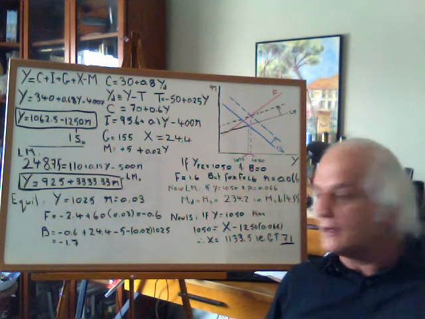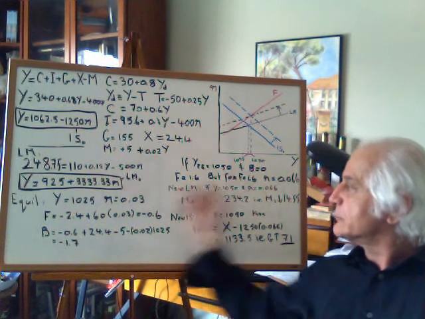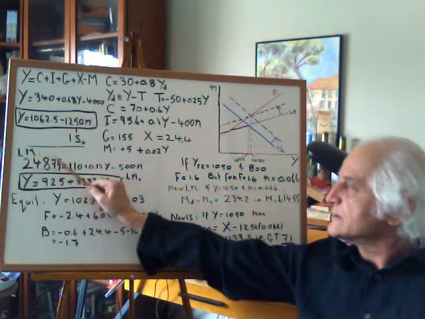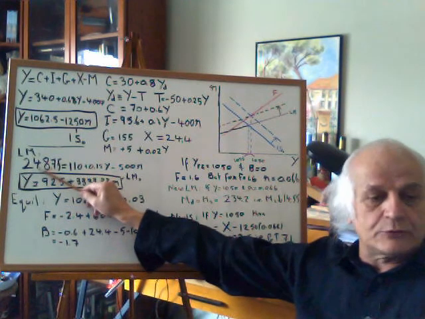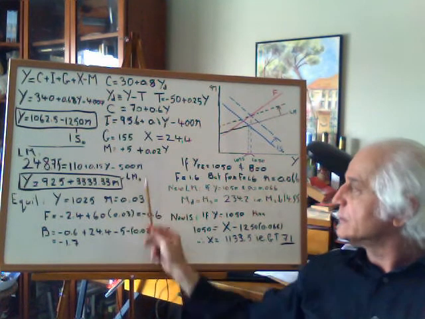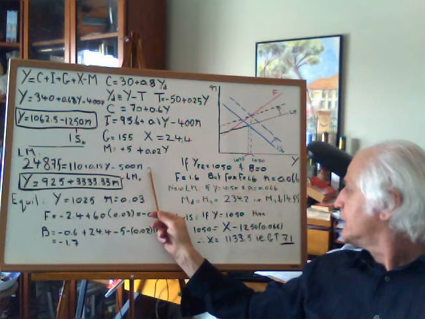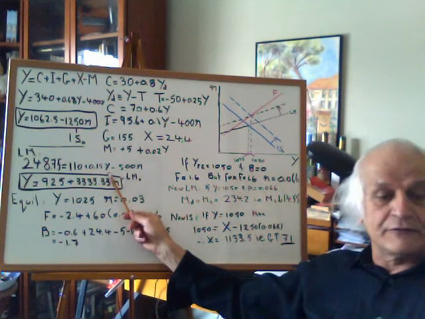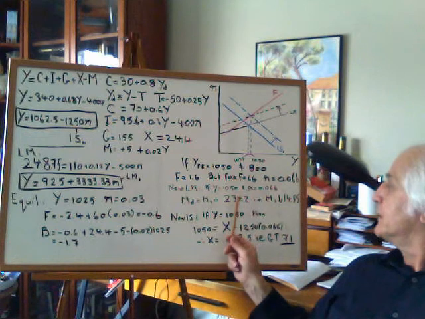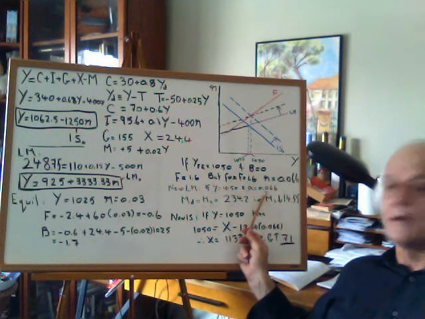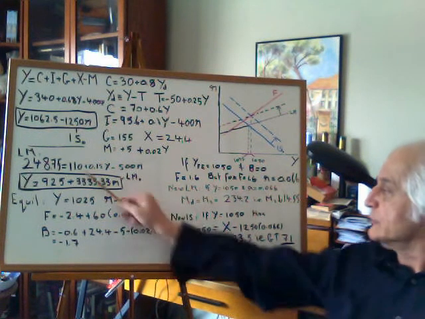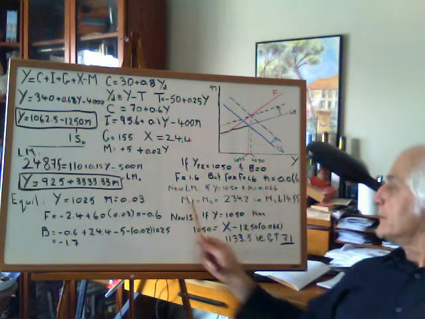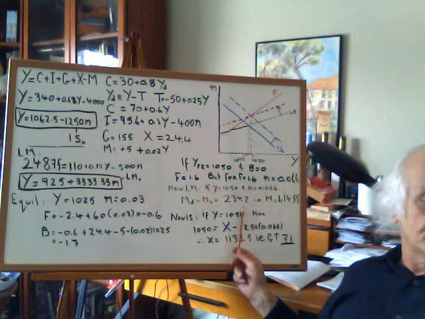Once we find out that r is 0.066, right now it becomes very simple to calculate the LM. Because the LM, remember what it is? It's this expression, right? Right now the money supply becomes the unknown, so I want to find out what's the new money supply. I know the new r is 0.066, I know Y is 1050, so I plug Y = 1050 and r = 0.066 into this expression, and I find out that the demand for money is going to be 234.